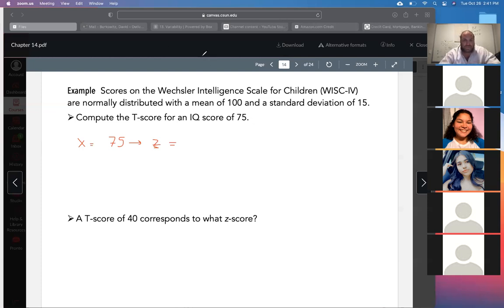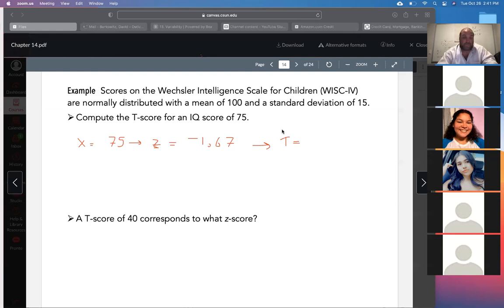Negative 1.67. So your z-score is negative 1.6 repeating, approximately negative 1.67. And as a result, what is your t-score? 33.3.